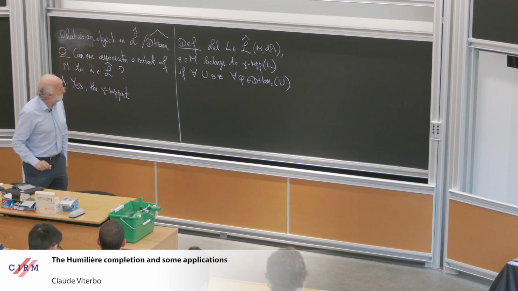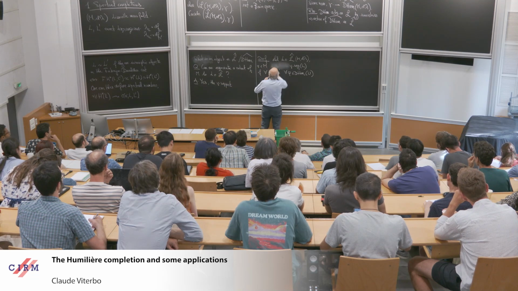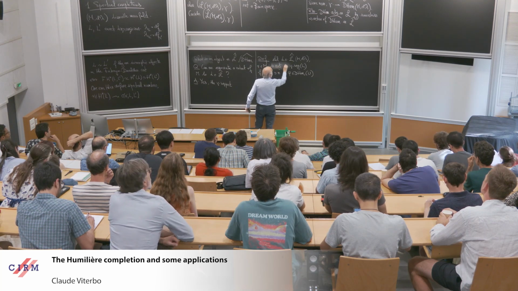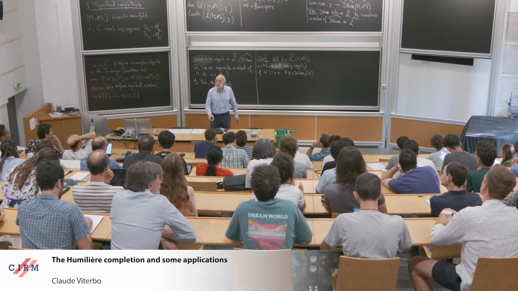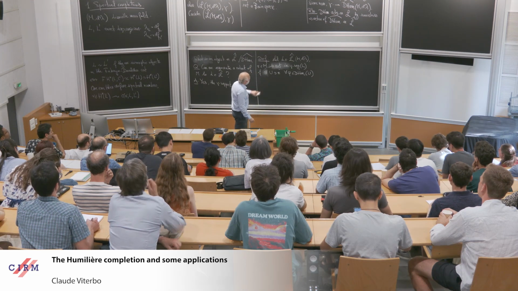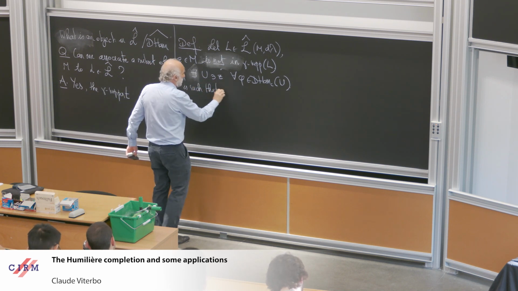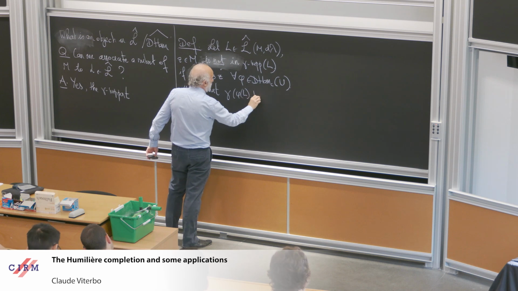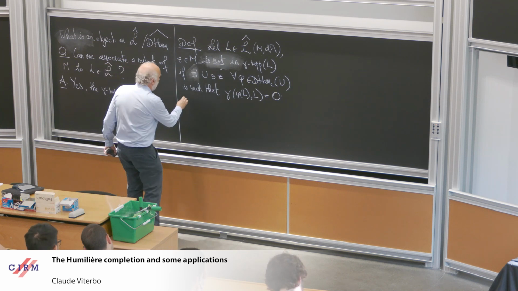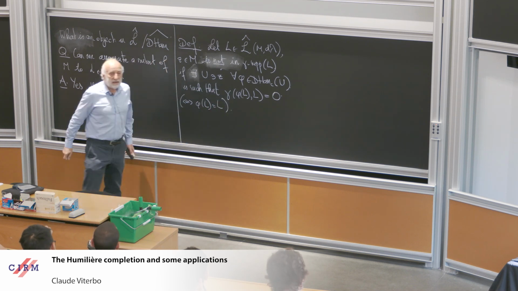Z is not in the gamma support if there exists U such that any phi supported in U is such that gamma of phi L is 0, and this is the same as saying that phi of L is equal to L in L hat.